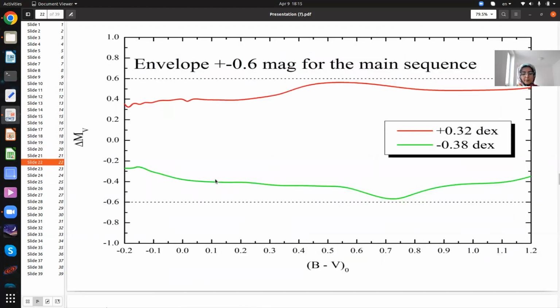And here we can see the magnitude width for the main sequence is plus minus 0.7. For the main sequence, it is 0.3 plus minus until 0.6.